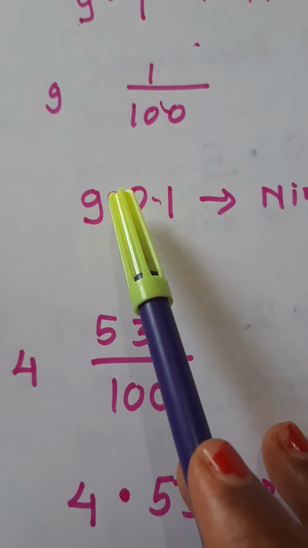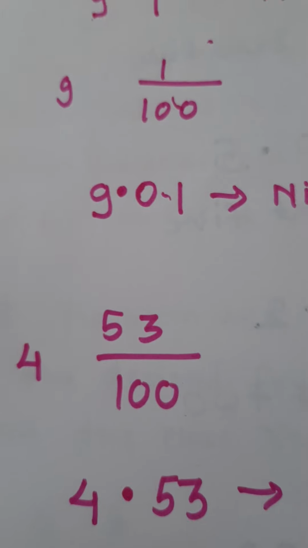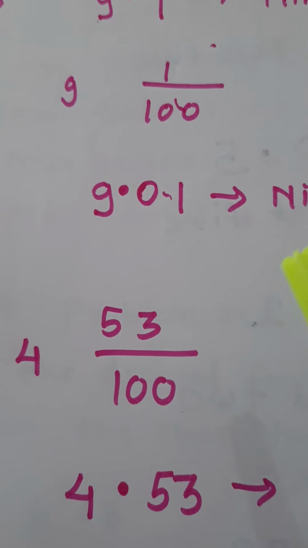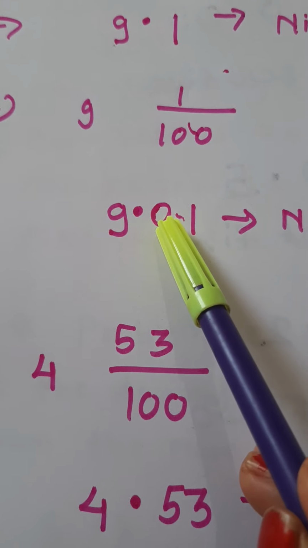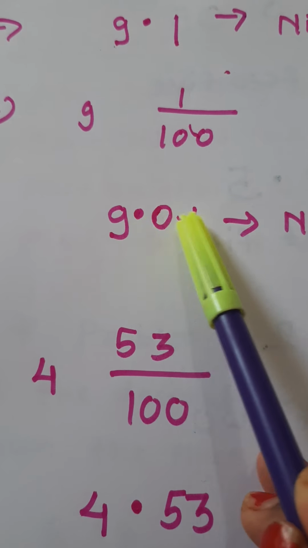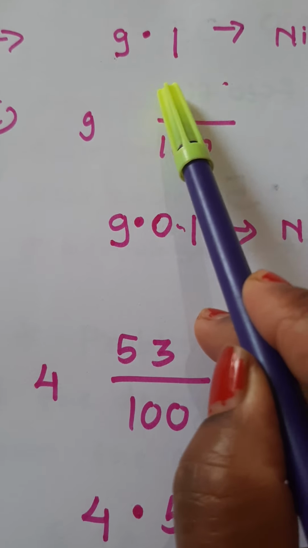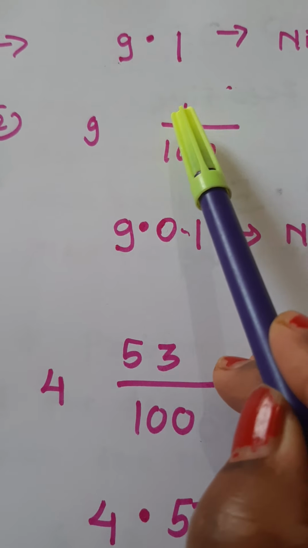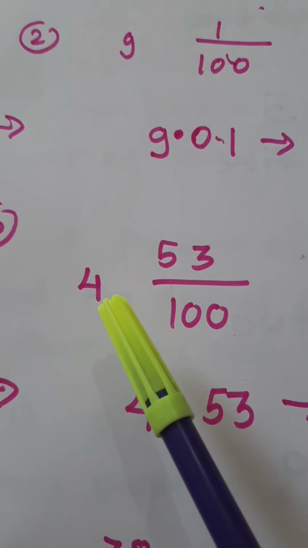So 1, 2 and then give the point, 9.01. How to read? 9.01. Here a single digit is present, so we have written here 0 to complete 2 digits. But when 2 digits are present, at that time there is no need to take help of 0. Let's see the next example.